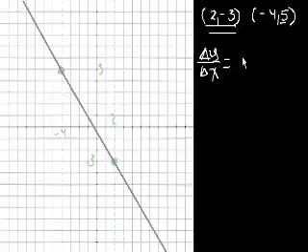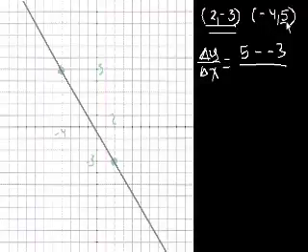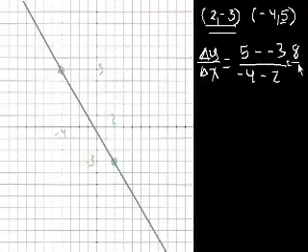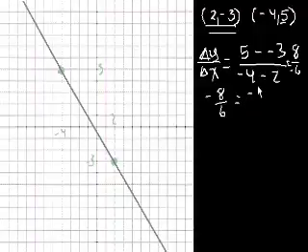So we'll say 5 minus this y, -3, over, since we used the 5 first, we have to use the -4 first as well, -4 minus 2. Well, 5 minus -3 equals 8. And -4 minus 2 equals -6. And 8 over -6, if they're both divisible by 2, equals -4 over 3.